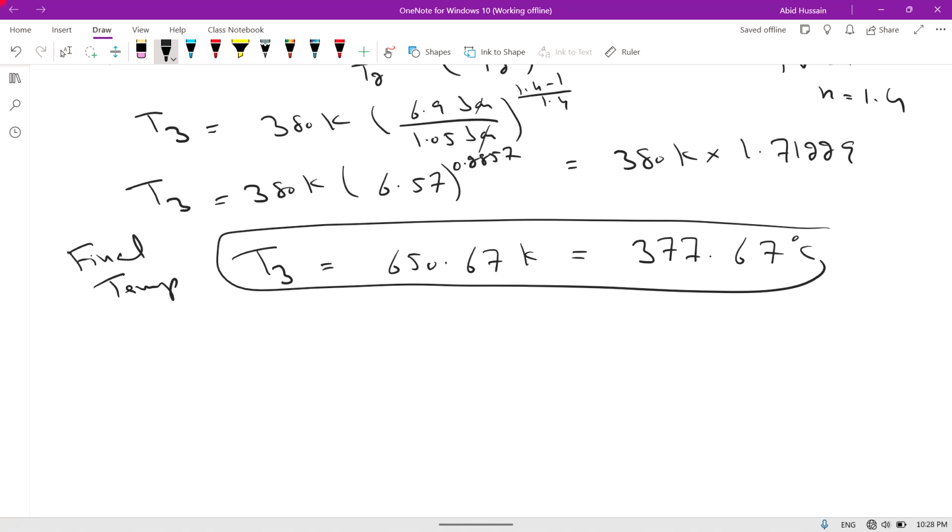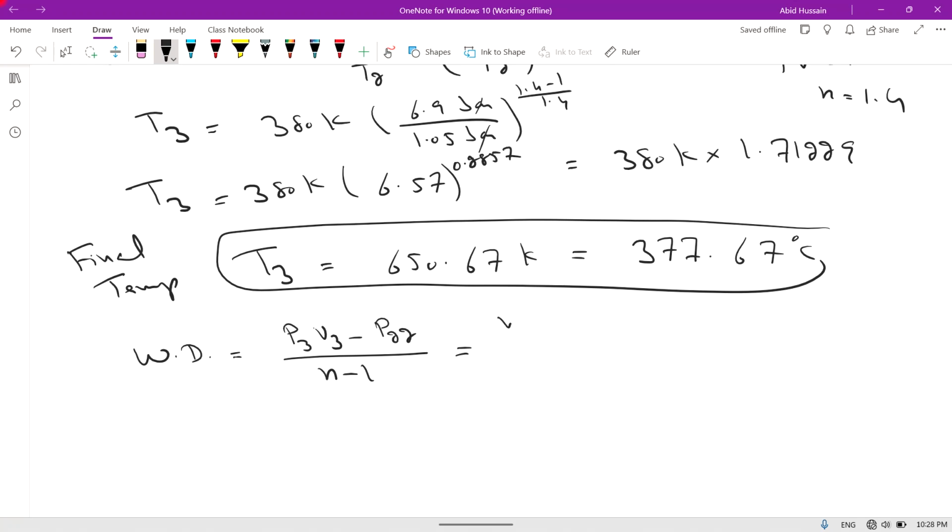Now we are finding work done for the second process. So work done is equal to P3 V3 minus P2 V2 divided by n minus 1.